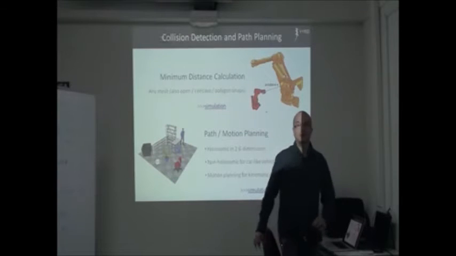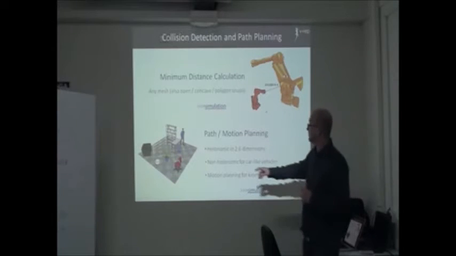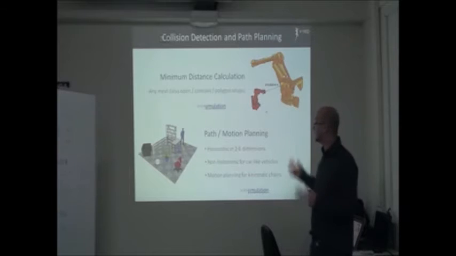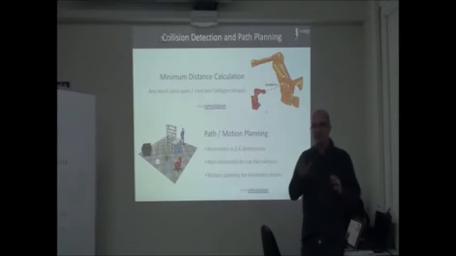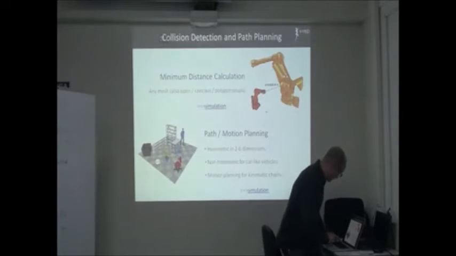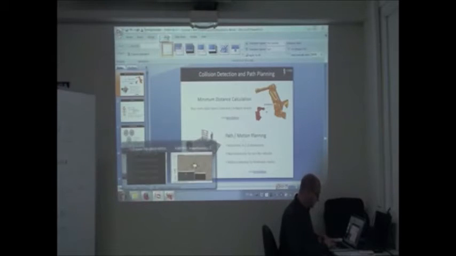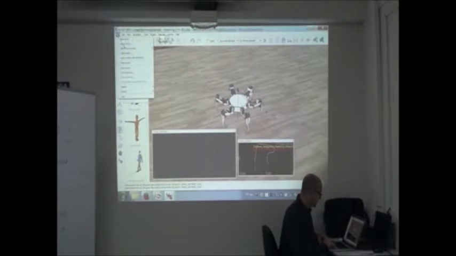Motion and path planning is another calculation module that you can use in order to define what would be the motion to do to reach a certain objective. I'm going to show you this demo that I really like. You can see where it's planning.